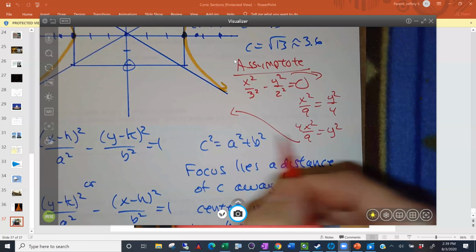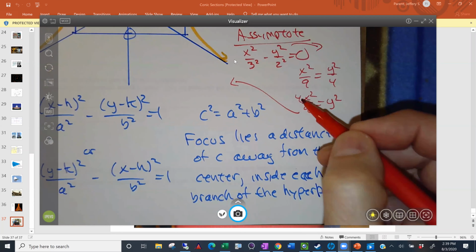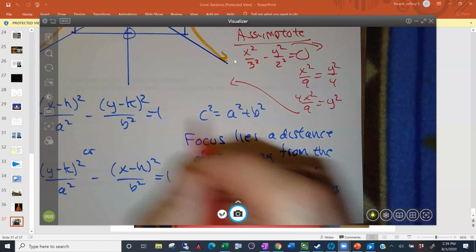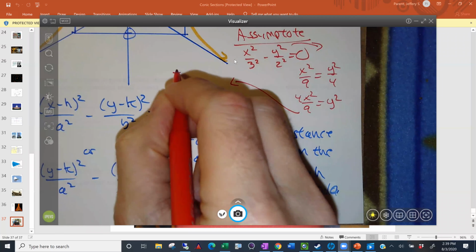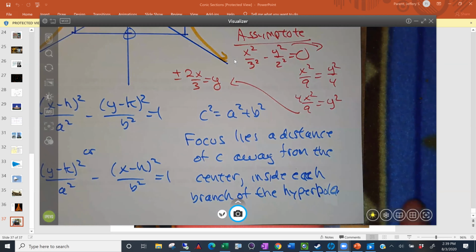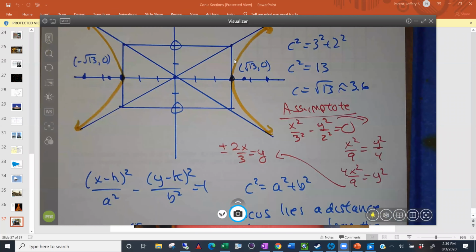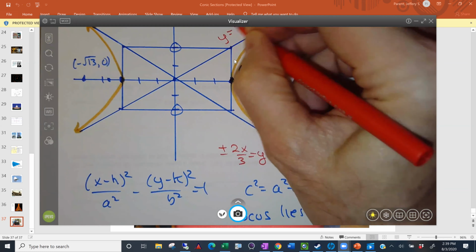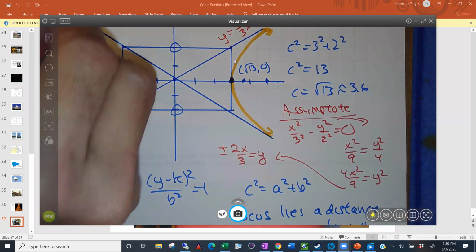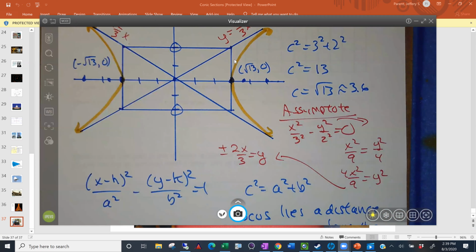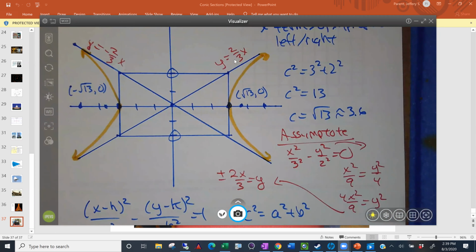If I take the square root of this, square root of 4 is 2, square root of 9 is 3, and then I'll have square root of x squared is just x. I'll end up with plus or minus 2x over 3 equals y. And that happens to be exactly my two asymptotes. So this would be y equals 2/3 x. This is y equals negative 2/3 x.